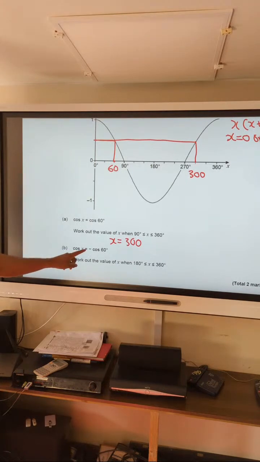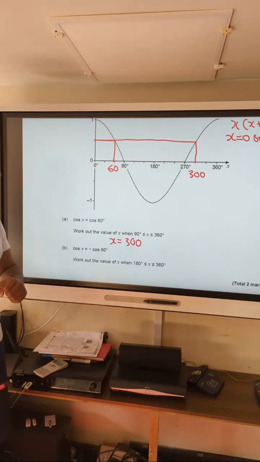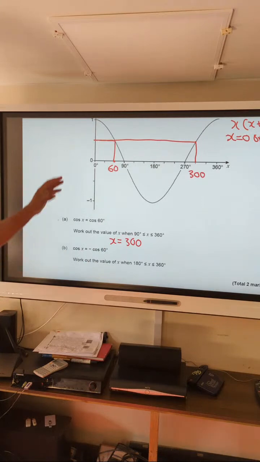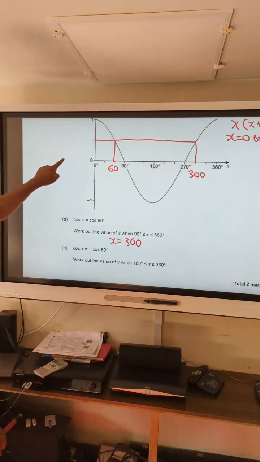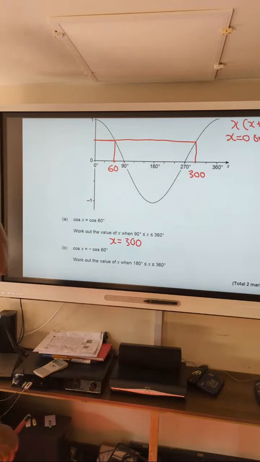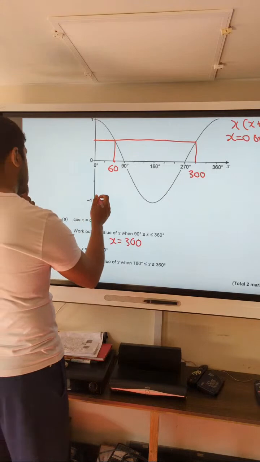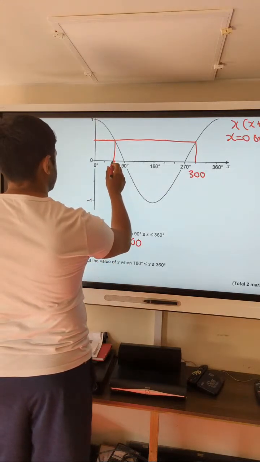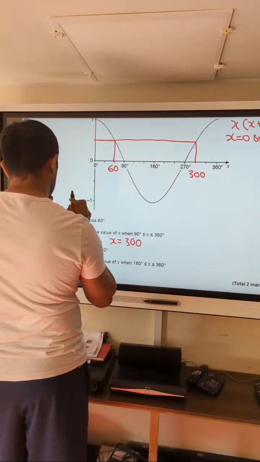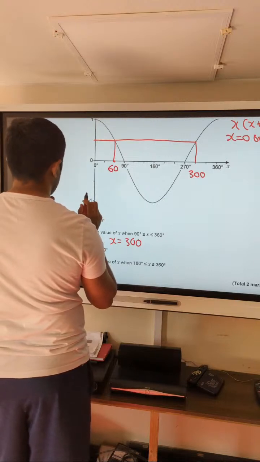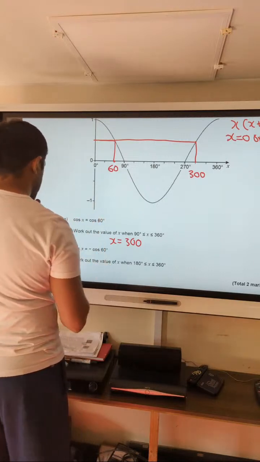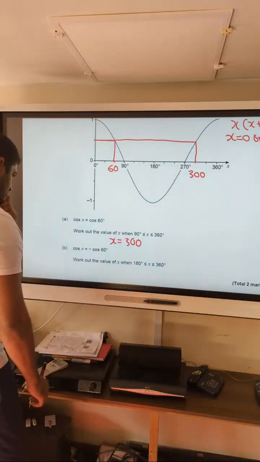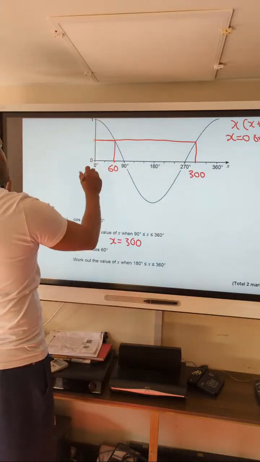Cos x is equal to negative cos 60. So negative cos 60 would be there, same thing. Something is equal to the negative of cos 60, so whatever value we get, we take the negative of that.